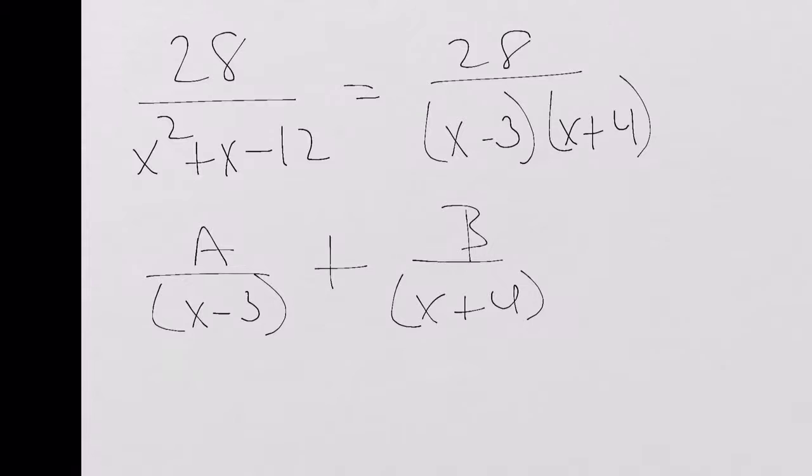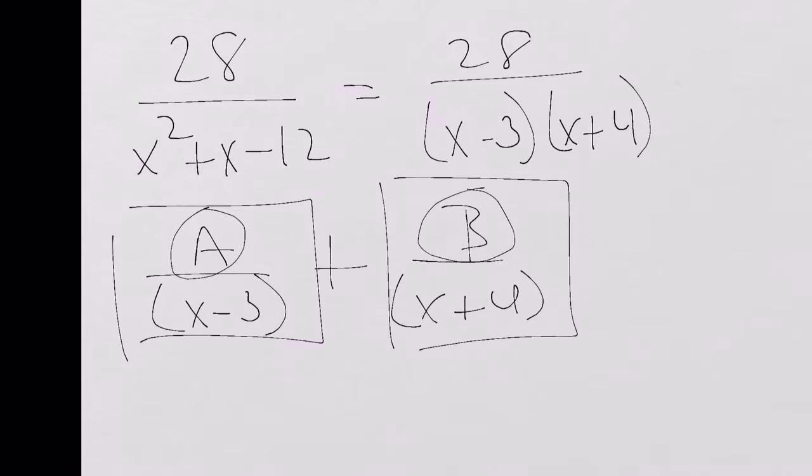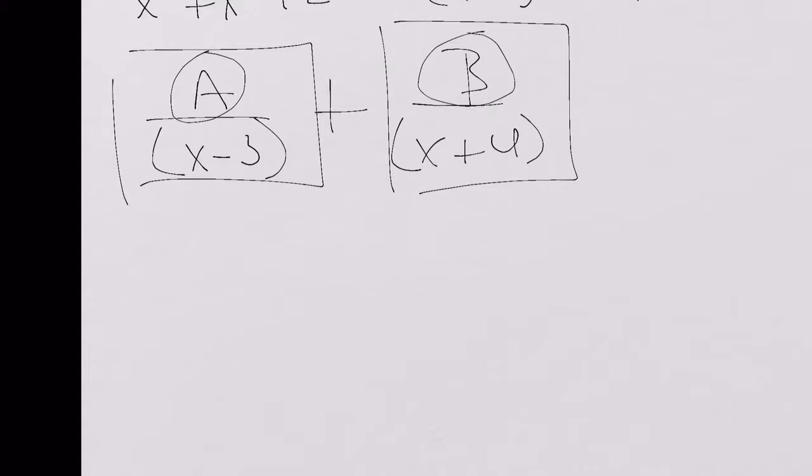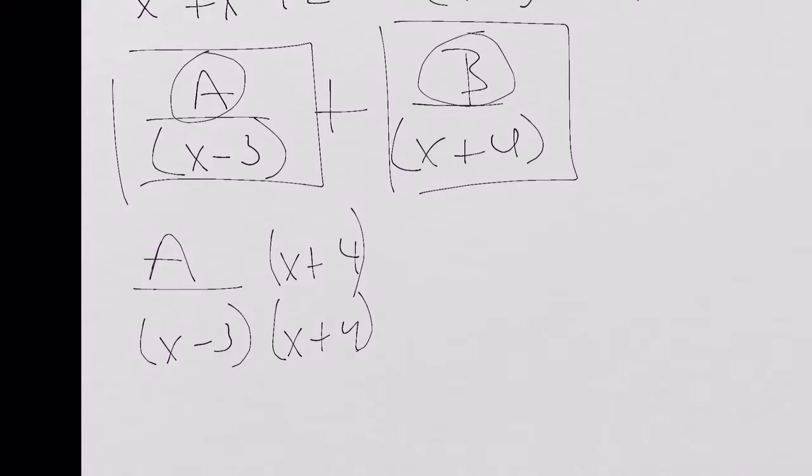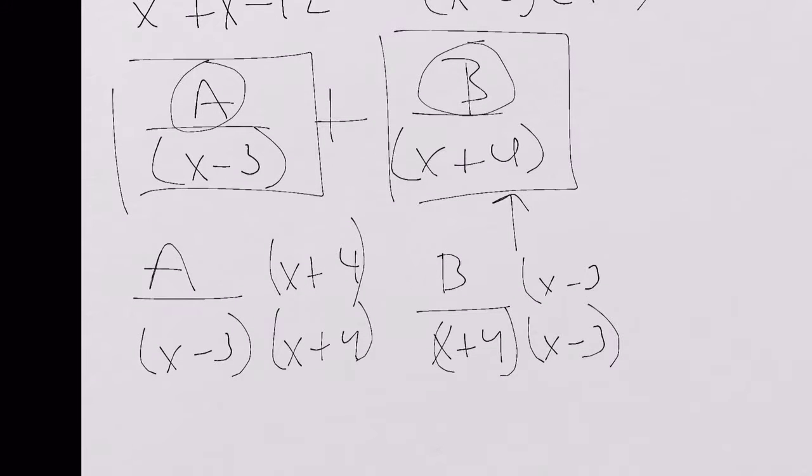So how we can find out what a and b are so we can break it up into these two fractions, because that is our goal, is we combine them, right? We're kind of working backwards. I'm going to find the common denominator. So on this one, I would have to multiply top and bottom by an x plus 4. On this one over here, to get the common denominator, I'd have to multiply it by x minus 3 on top and bottom.